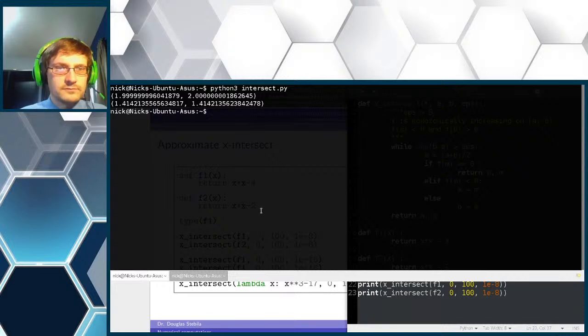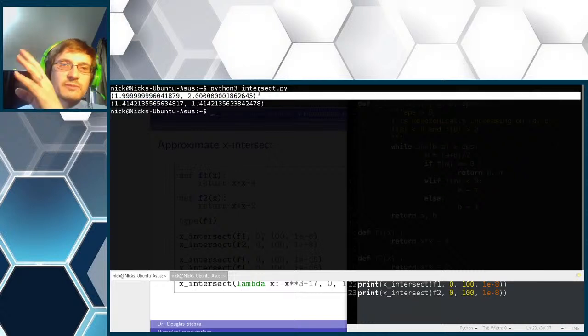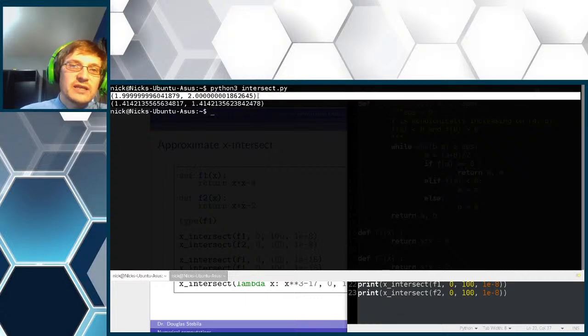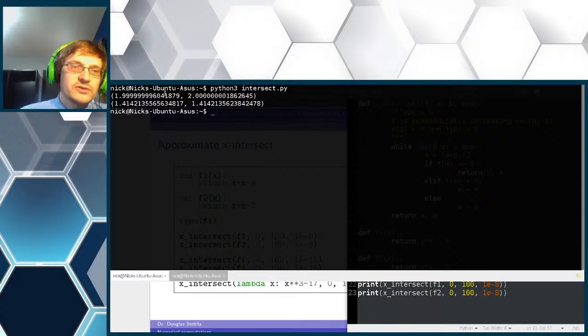So, there we go. Our first interval, we know mathematically from our knowledge of algebra that we were looking for the value of 2. And you can see we've got 1.999 and 2.0000 with some junk on the end. But that is a reasonably tight interval around 2, which is what we would expect.